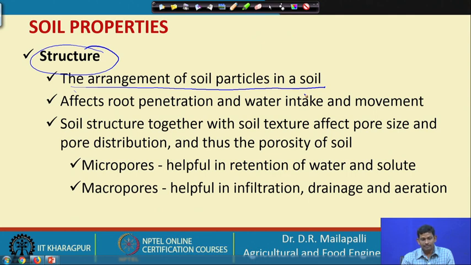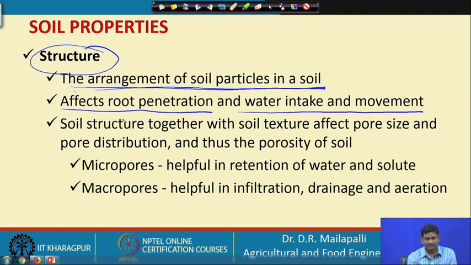That is why the arrangement of soil particles is very important when you are talking about water flow, and it affects root penetration and water intake movement.